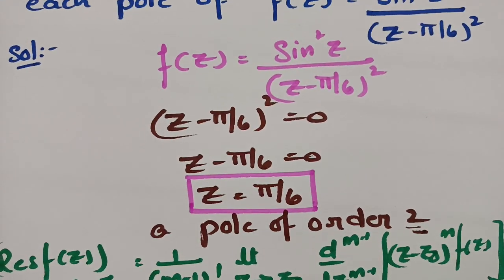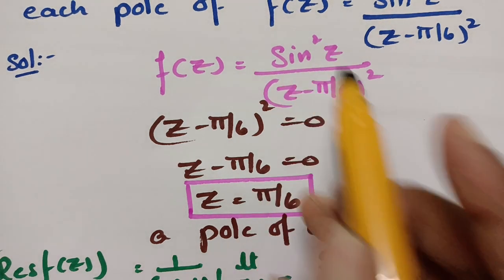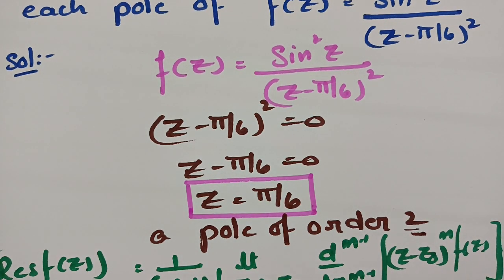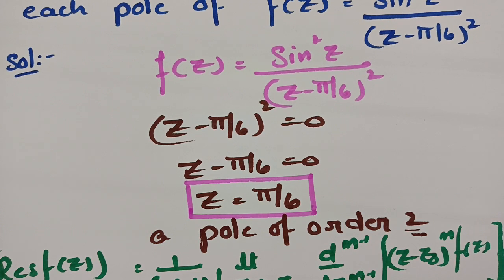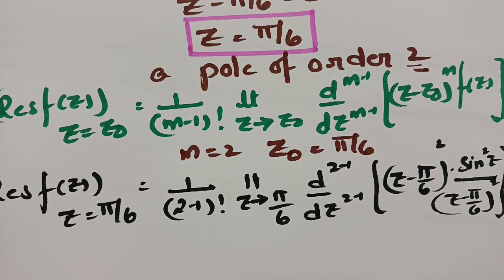So what is our f of z? F of z is nothing but sine square z by (z minus pi by 6) whole square.